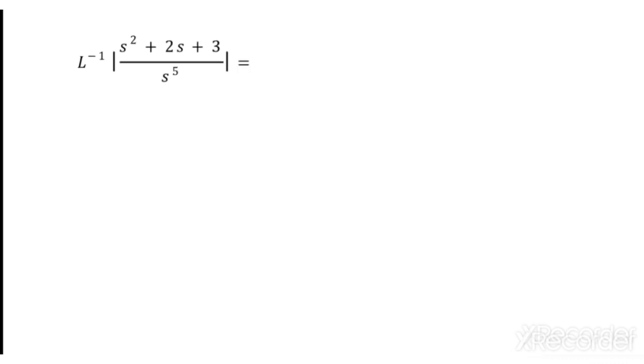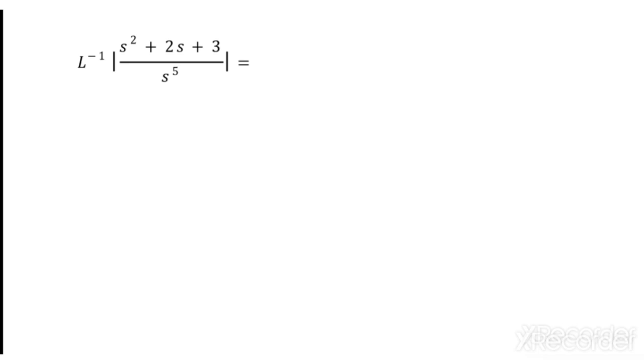So let us use these results and get the L inverse of a given expression f of s. The first problem is L inverse of s square plus 2s plus 3 by s power 5. How to get this? First reduce it into the standard format. We have the standard format 1 over s power n.